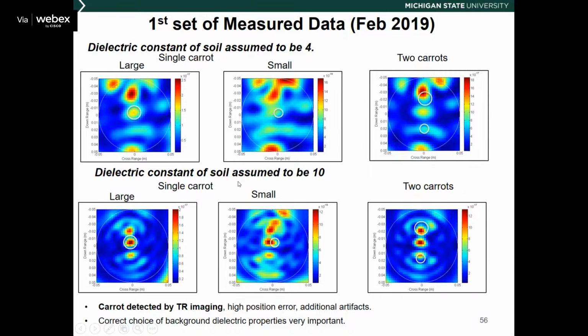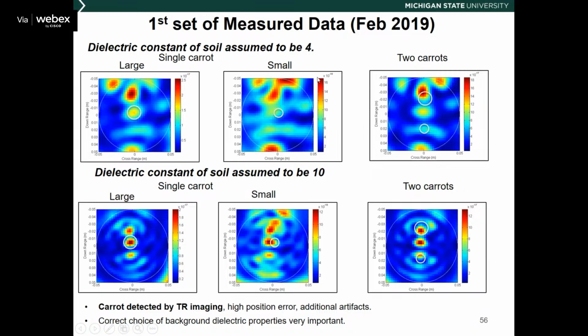Well, we know that we have to assume the dielectric constant of the soil before we actually categorize that. I know some of you are doing that material categorization. We realized that for the time reversal data reconstruction, if you don't have knowledge of the soil dielectric constant, then your results are going to be significantly different.